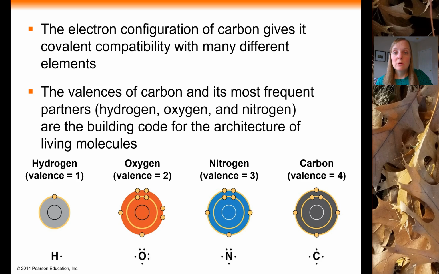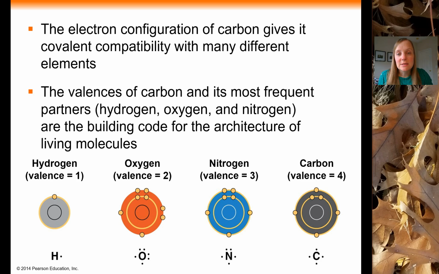Okay. So we know that the electron configuration of carbon gives it covalent compatibility with many different elements, but carbon has its favorites. It really likes to form those covalent bonds with hydrogens, oxygens, and nitrogens.